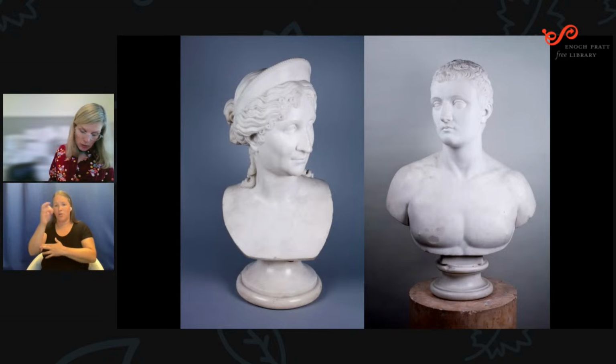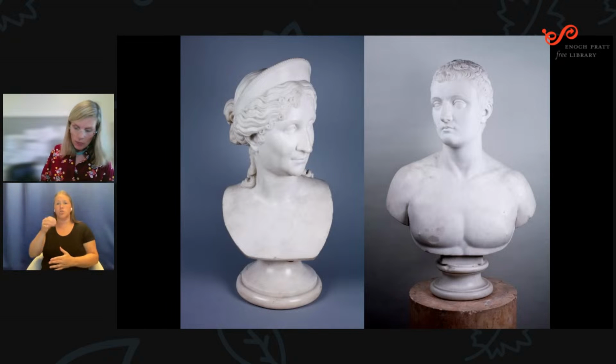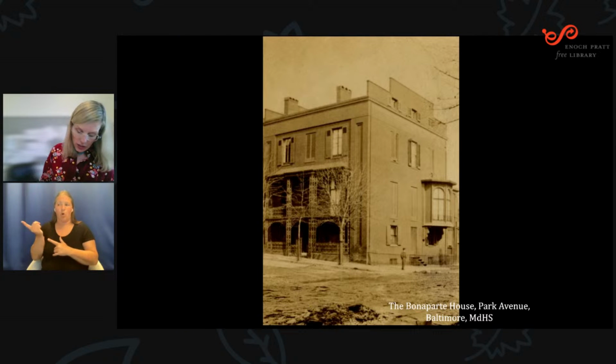And these busts were a point of pride in the Bonaparte homes. Beau and Susan established themselves right on Park Avenue in Mount Vernon in a grand house where he maintains a law office. And he, for the most part, is a gentleman, though, of leisure.